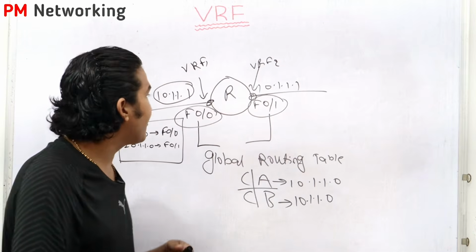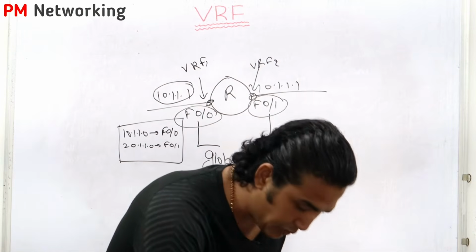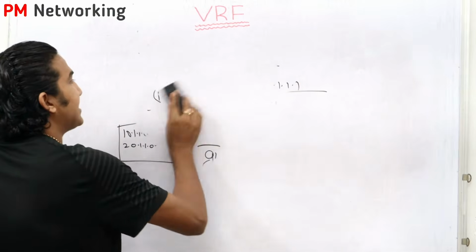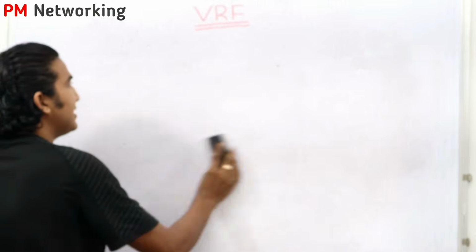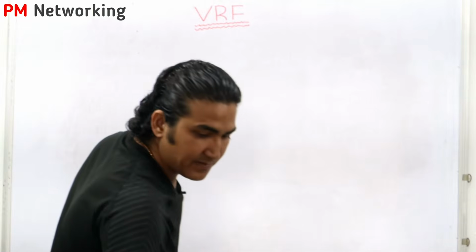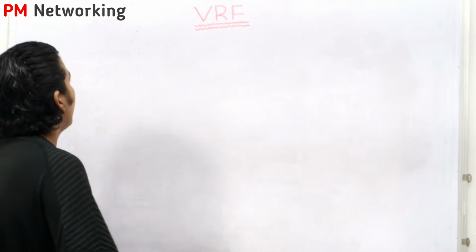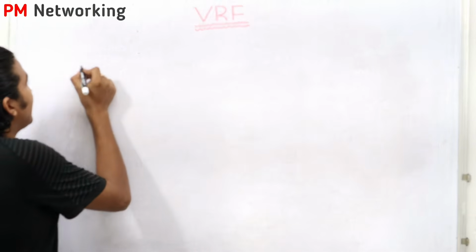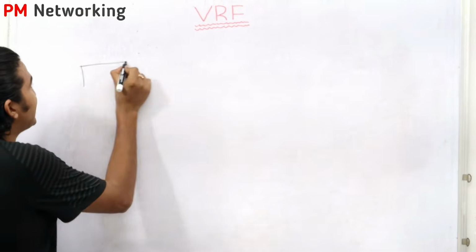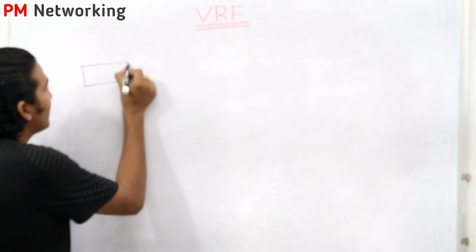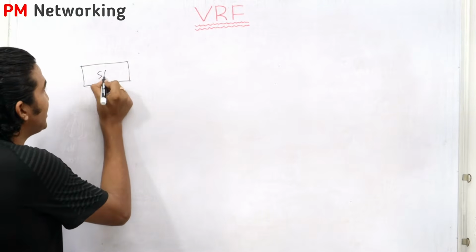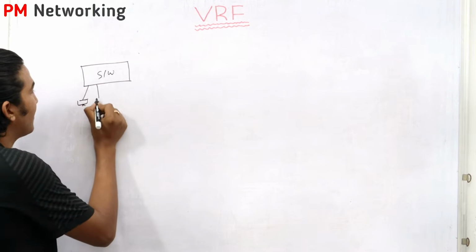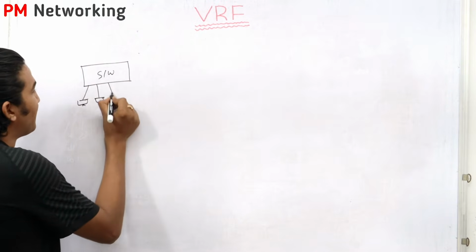Let me make you familiar with one example, guys. Here I am going to design one topology. Let's say there are some customers. There is one customer, Dell or IBM. This is a small organization of the IBM company. This is a switch, and here are the users of IBM.